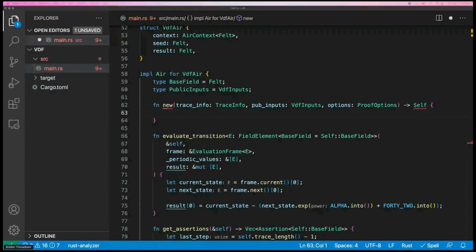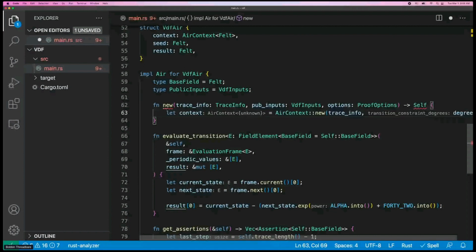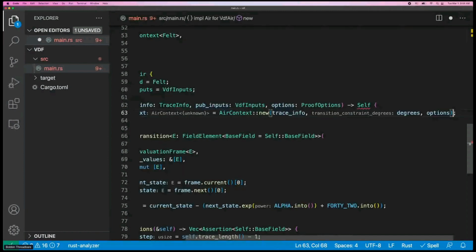I'll just copy and paste to save time. It requires the following parameters. We need to provide this trace info that we got here. We need to provide this set of options for the Stark protocol, and we also need to provide a description of the transition constraint degrees.